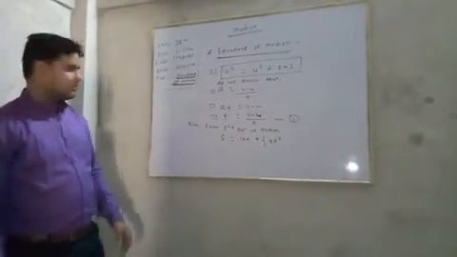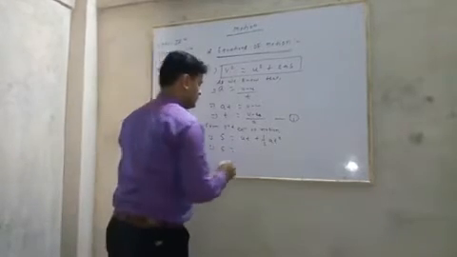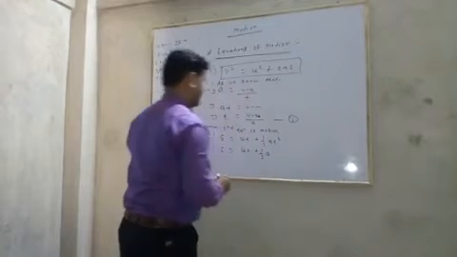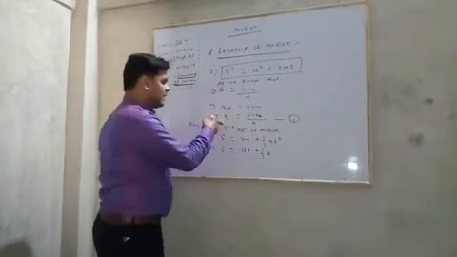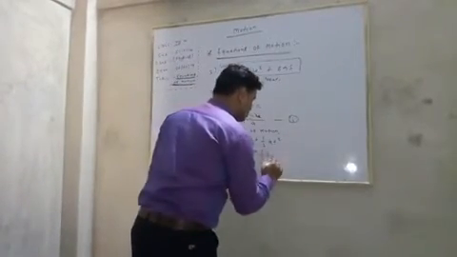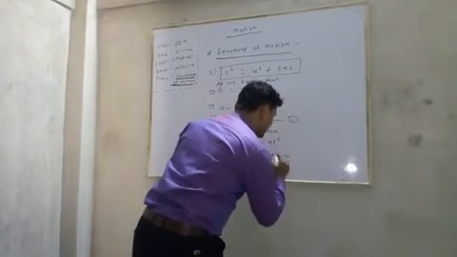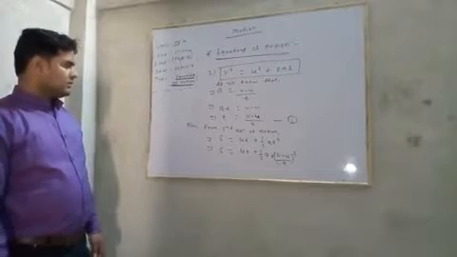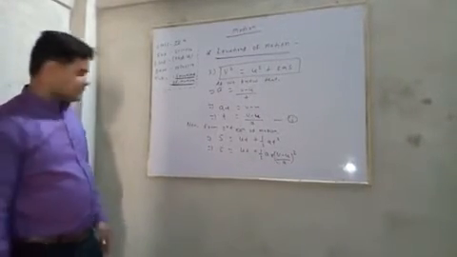Now we can write the formula of t from equation 1, t is equal to v minus u by a. So in the position of t, we can write (v minus u by a) whole square. Is it clear?